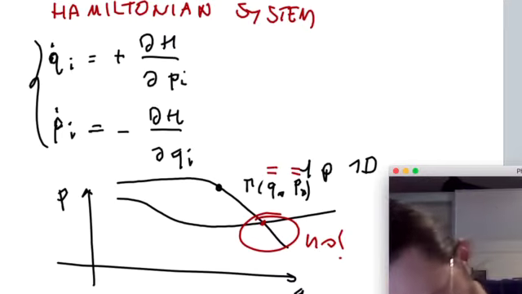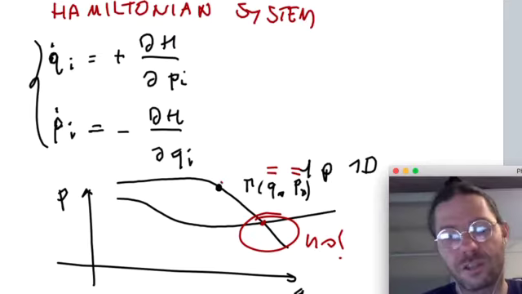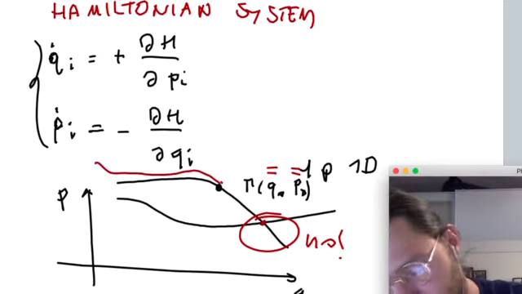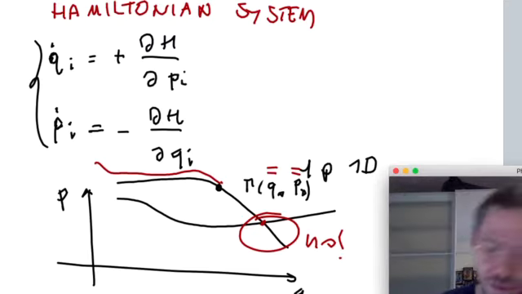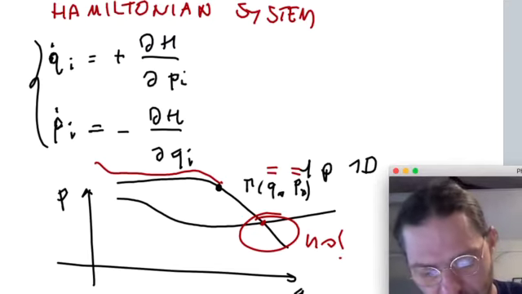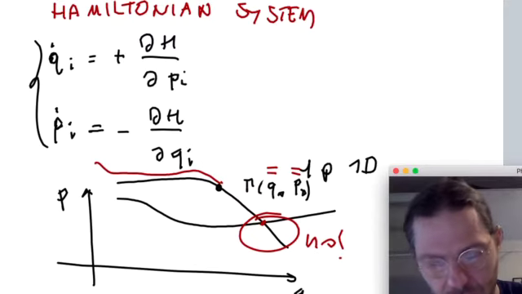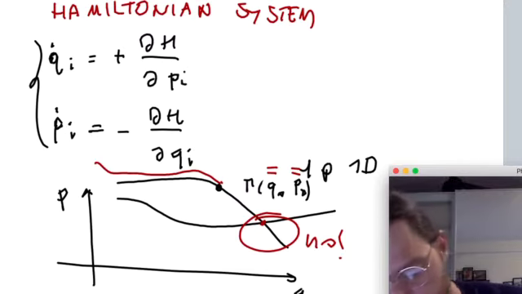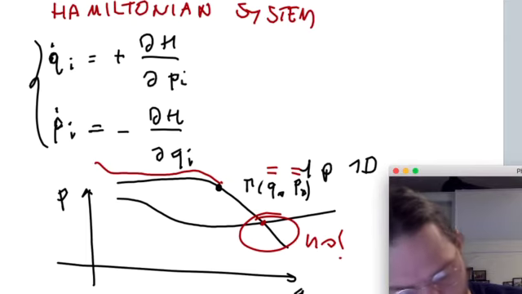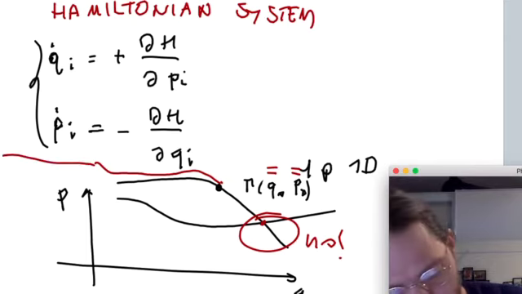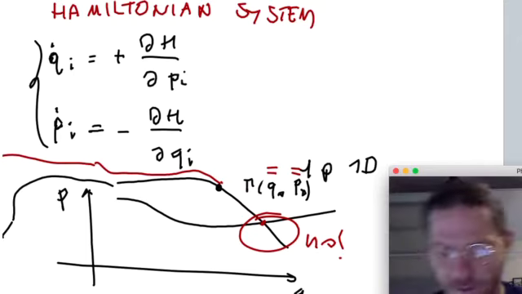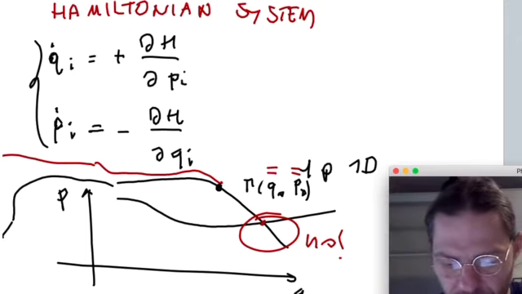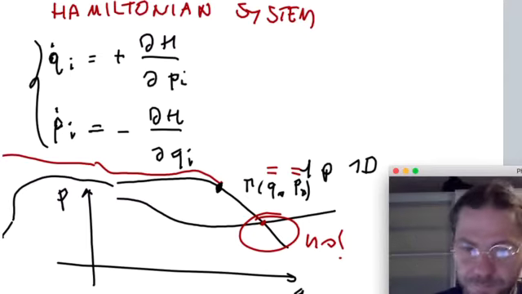Because if I start from a slightly different initial condition, then of course I will have, at least for a short time, a slightly different trajectory, and then maybe the trajectory will become exponentially distant from my previous trajectory if there is a Lyapunov exponent. But in either case, the difference of initial condition will produce a difference in the final condition at time t.